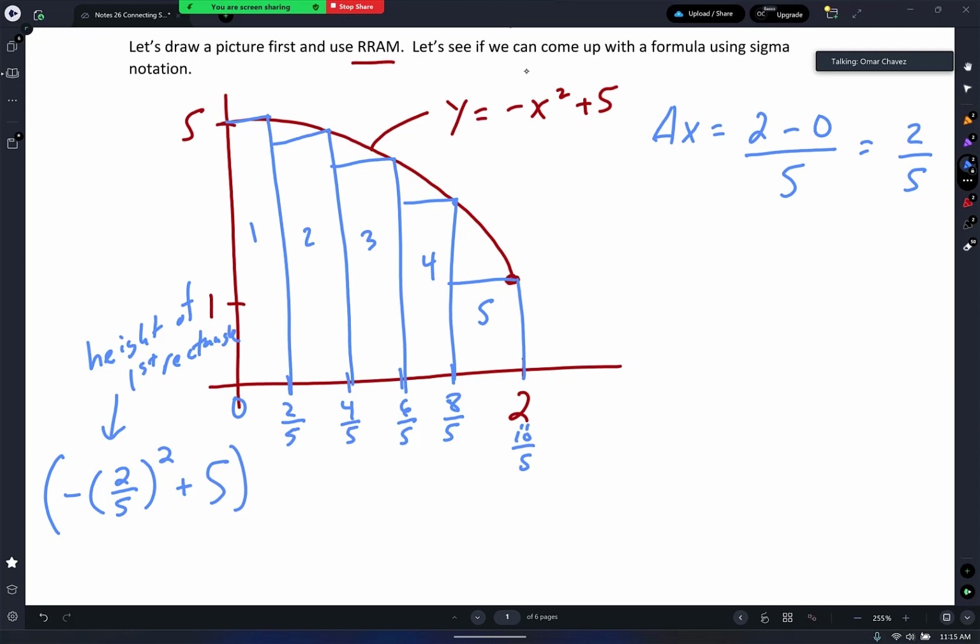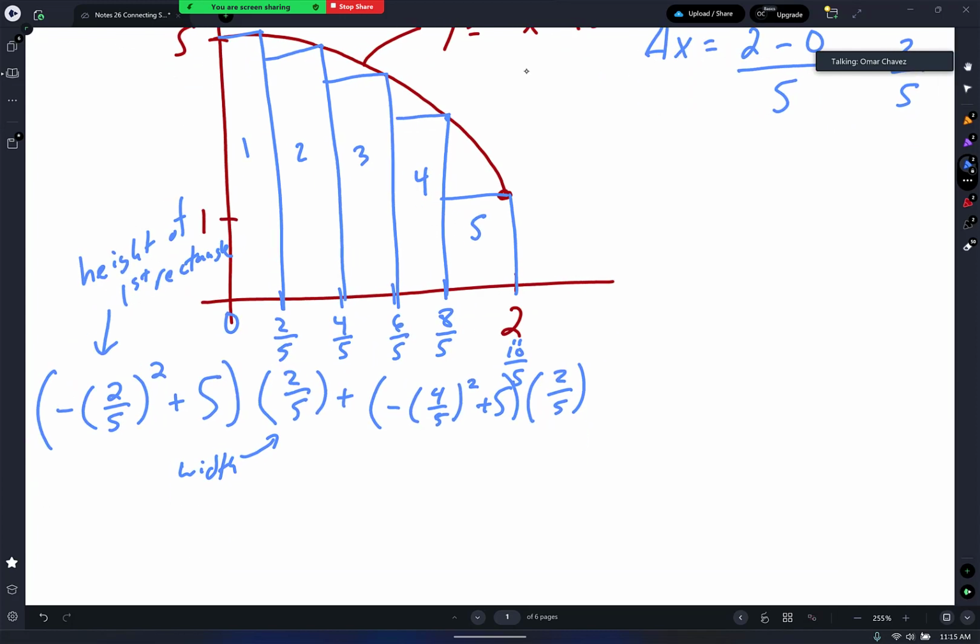And I have to multiply by the width, which is just 2/5. Plus the height of the second rectangle, which is negative 4/5 squared, plus 5, close it, times 2/5 again. That's height times width. The 2/5 is the width.